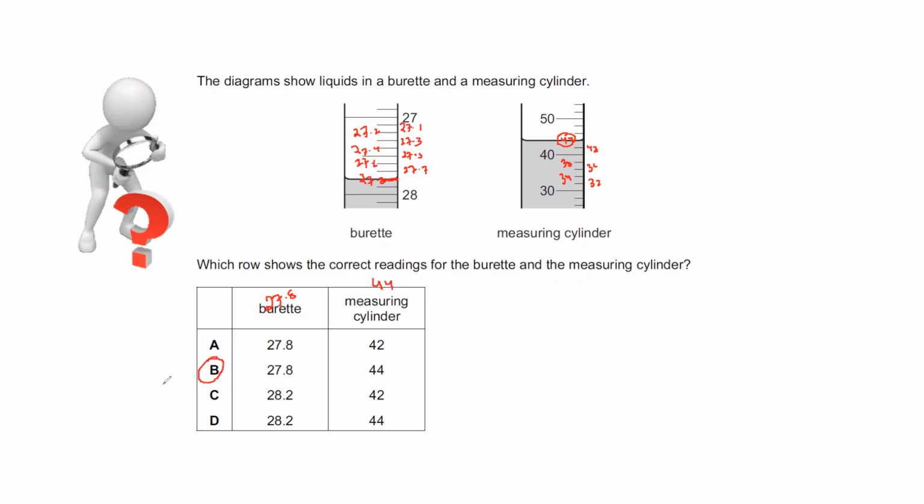So the correct answer is B. Is it clear to everyone? A burette reading is from top to bottom, whereas measuring cylinder readings are from bottom to top.